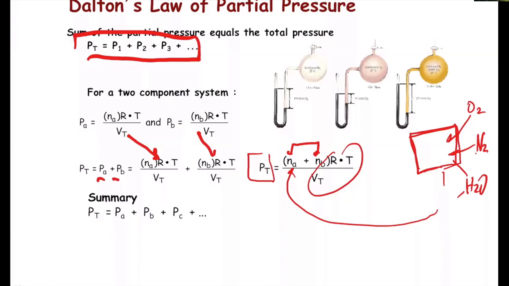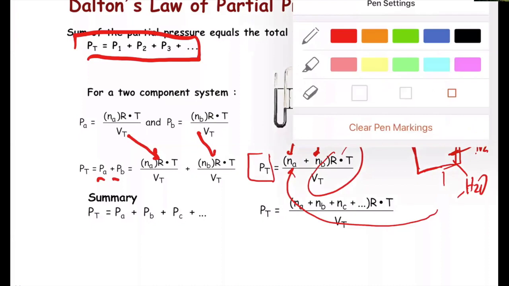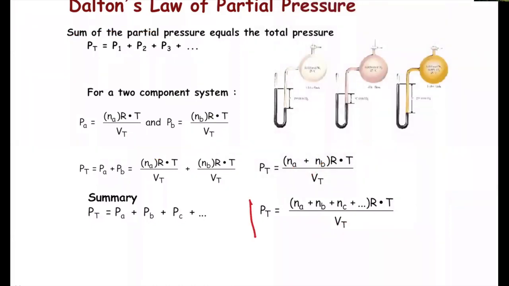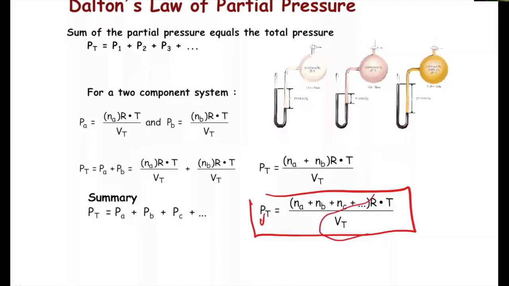So why do the calculation 3 times with RT over V when you can just add the total moles and multiply by RT over V? And that's basically what this equation gives you right here. The total pressure is equal to RT over V times the sum of the total moles in that container.